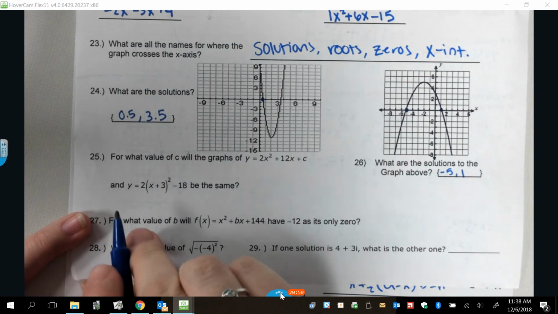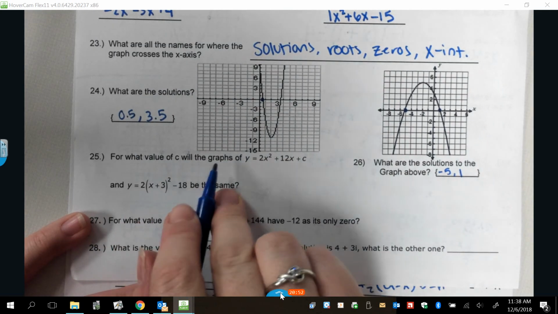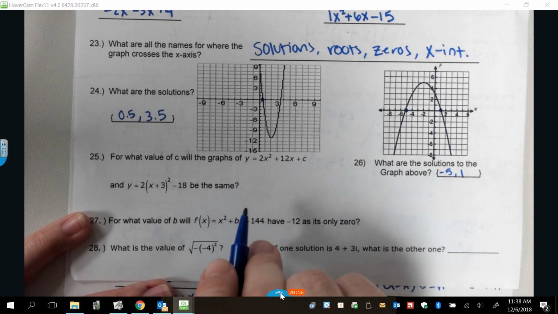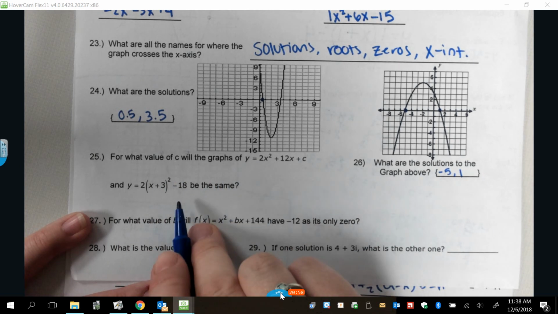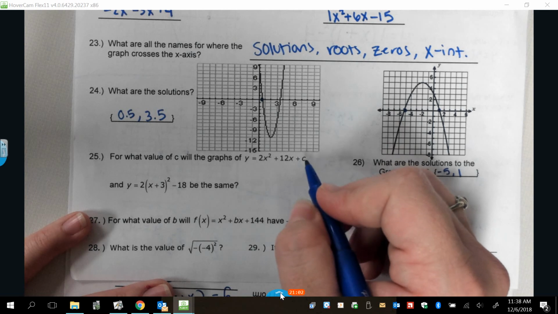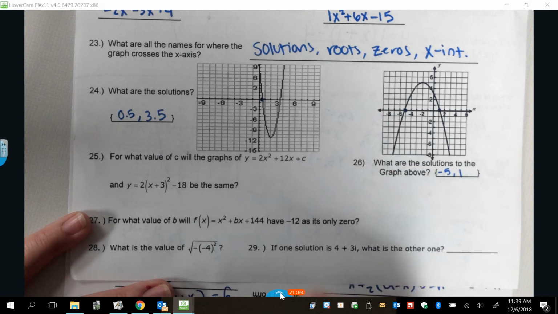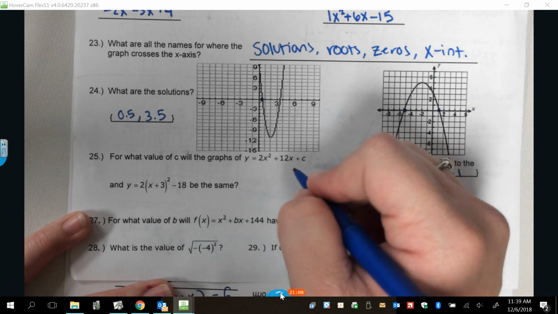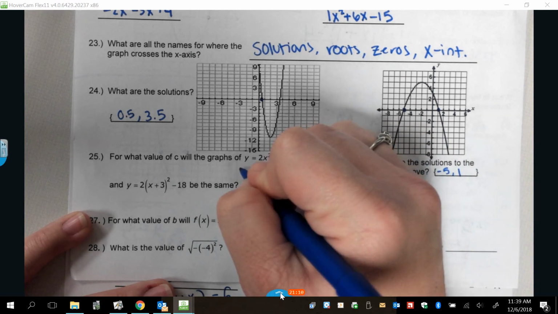Okay, for what value of C will the graph of this be the same? So first off, this would be multiple choice, and you could plug in your options here in Y1 and this in Y2, and see which one matches. Or we can realize that this is a perfect square. So we would subtract C from both sides.